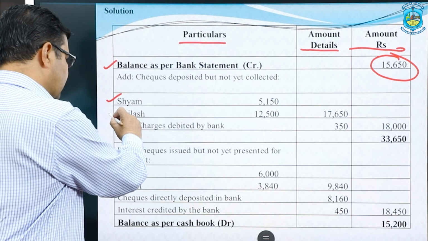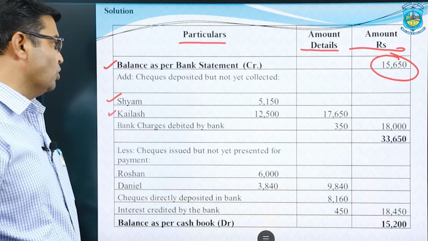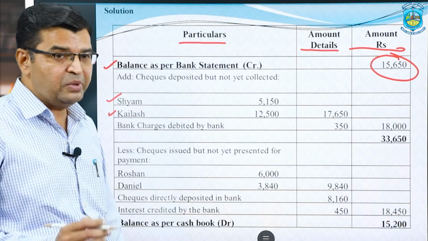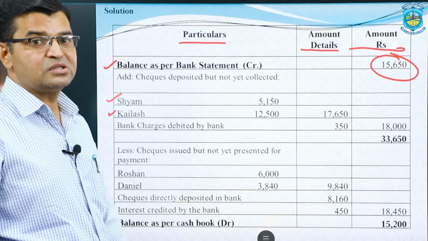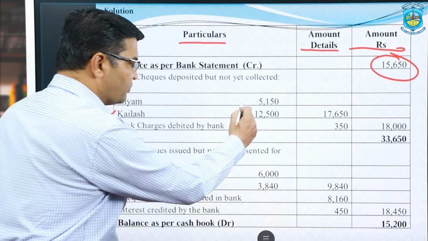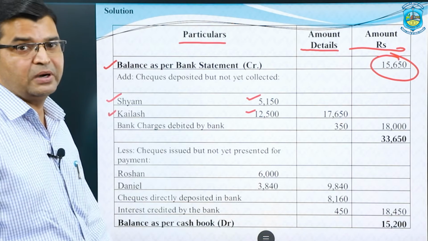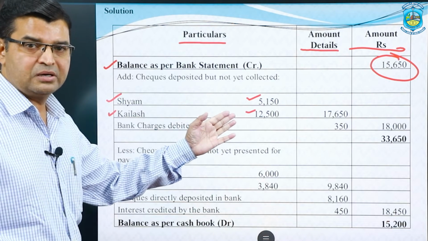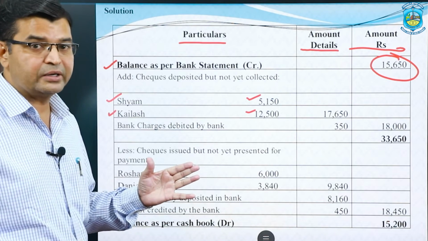Then here Mr. Sham and Mr. Kailash, actually these checks have been deposited in the bank but not yet collected. It means Mr. Sham and Mr. Kailash are debtors of ours, and we have received checks worth 5,150 and 12,500 rupees from both the parties. We deposited these checks in the bank, but unfortunately both these checks have not been collected so far.